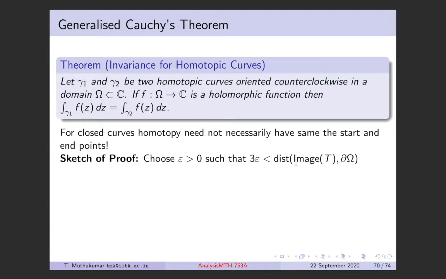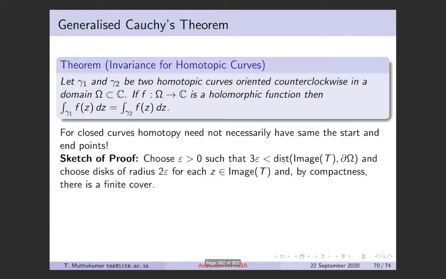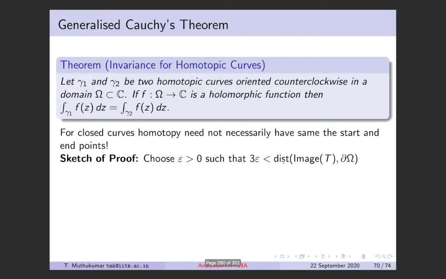Notice that you are starting from a square. That square is a compact set in R2. T is a continuous map from that compact set, which means the image of T is also compact, since it's a continuous image of a compact set. So you take the distance between this image of T and the boundary of omega, and you choose an epsilon such that 3 epsilon is less than that.